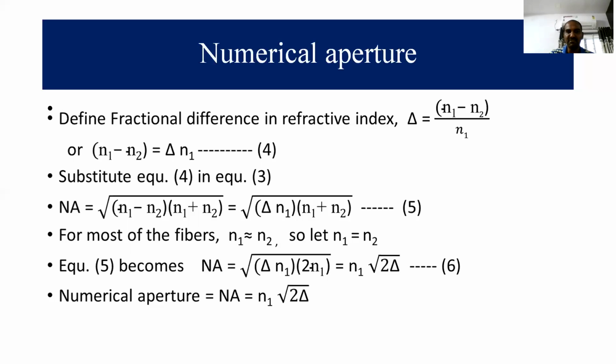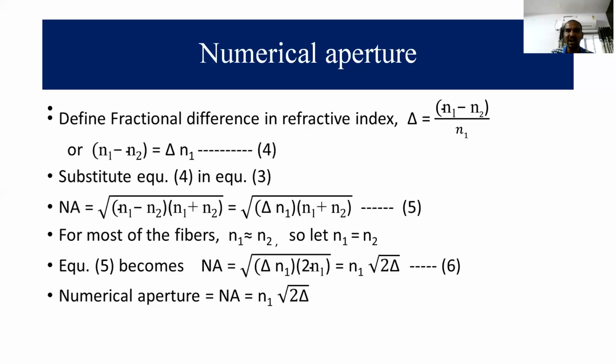Therefore, the reduced equation becomes NA equals the square root of delta n1, and in place of n2 we write n1, so n1 plus n1 becomes 2n1. Therefore, n1 square comes out of the square root, and it becomes n1 into the square root of 2 delta. So another way of expressing numerical aperture is NA equals n1 into the square root of 2 delta.